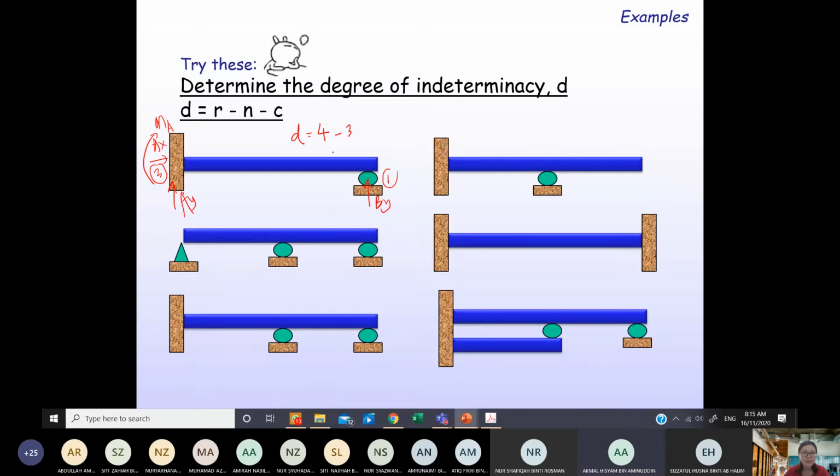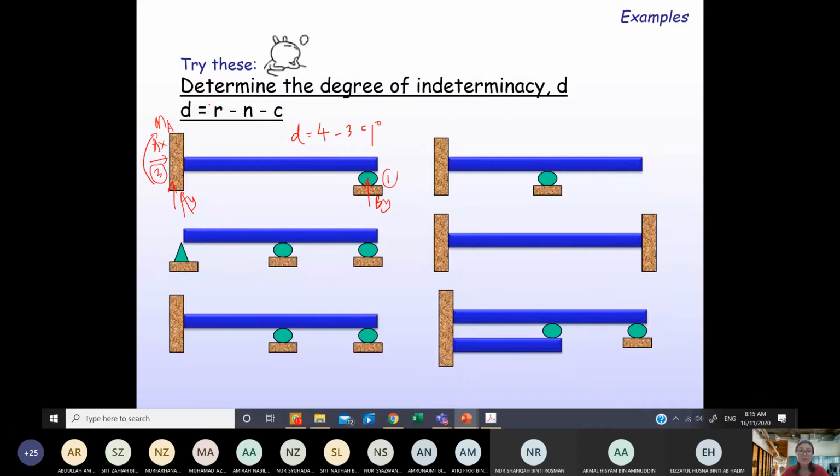3. Yes. There is no internal hinge, therefore it is 1 degree. So you can remove any of these support reactions: BY, or MA, but not AY. Just make sure this system is still stable, because when the structure is stable you can still use the equilibrium equations to solve.